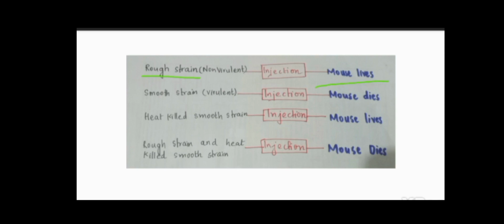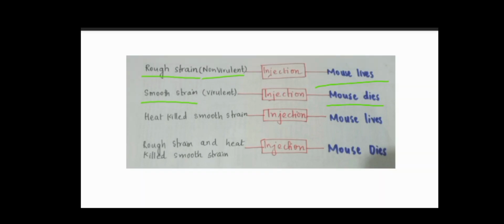So he concluded that R-type strains are non-virulent as they do not cause any disease in mice. Then he injected S-type strain bacteria into another group of mice, and all the mice died. So he concluded that S-type strain is virulent.